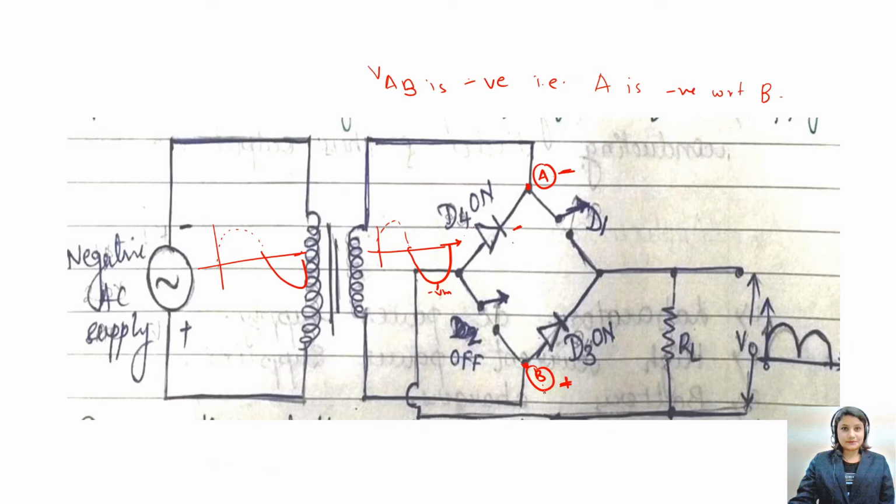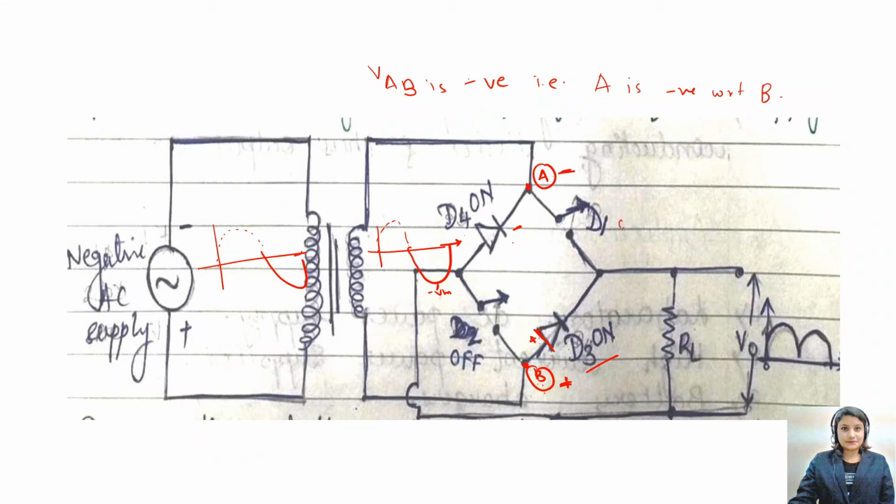If you see from the bottom, your point B is positive. Here we have connected a D3 diode whose terminal is positive. So the positive terminal of the D3 diode gets connected with the positive potential, and this is how your D3 diode now turns on with the negative cycles.